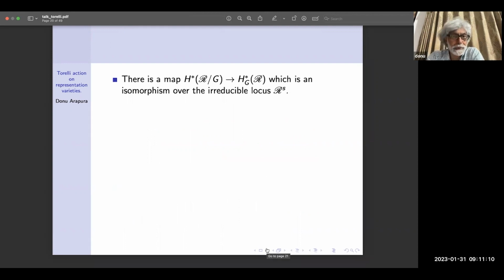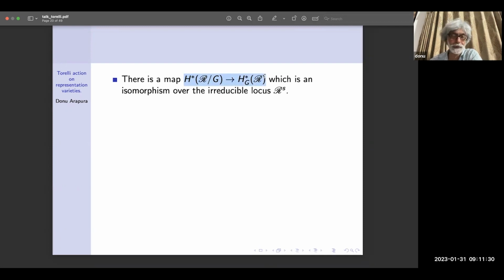So as I said, the equivariant cohomology of R is morally the cohomology of the quotient, and in fact there is a map from the cohomology of the true quotient to this equivariant cohomology.